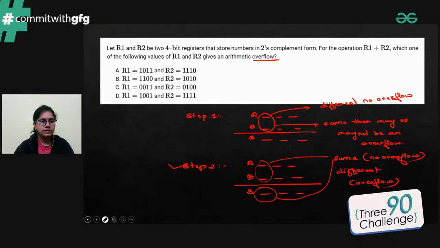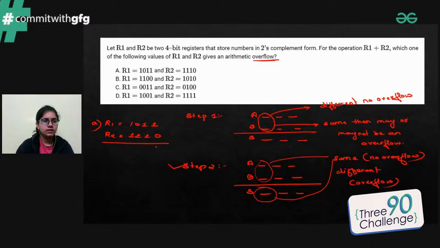Let's see option A. R1 is equal to 1011, R2 is equal to 1110.